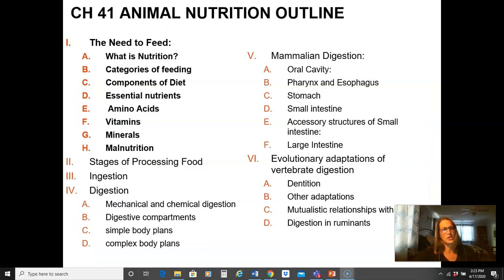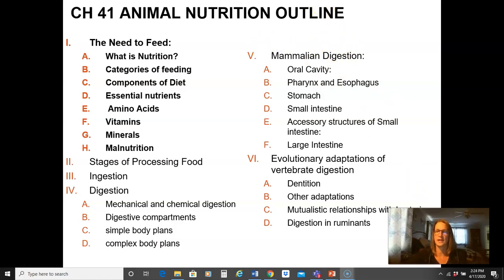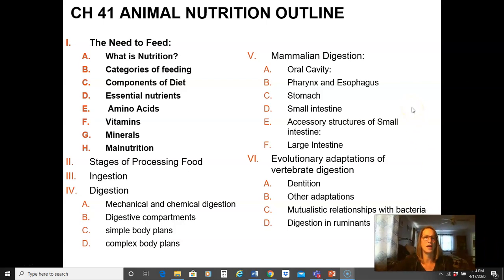So as usual, I'm going to break this up into several smaller PowerPoint presentations, and initially we're first going to talk about just some general information about nutrition for animals, and then after that we'll talk about how food gets processed, and then we'll spend a bunch of time on mammalian digestion, which will look a lot like we're basically going to be using human digestion.